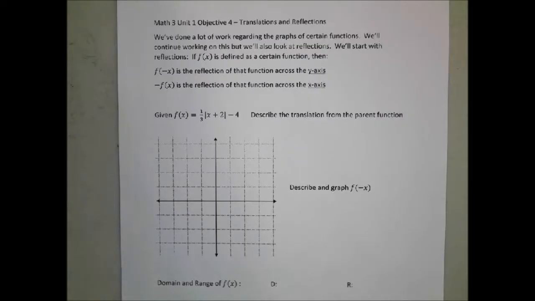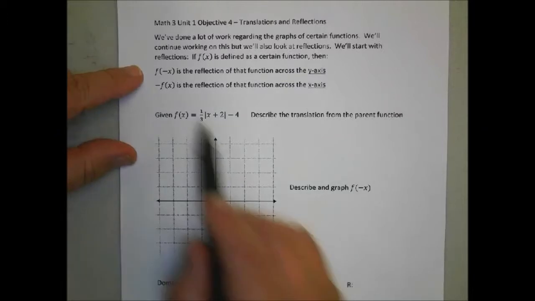Objective 4 takes those graphs that we've become very familiar with, and it now reflects them across either the x or the y axis. Now the equation is going to tell you what to do, so this should be in your notes.